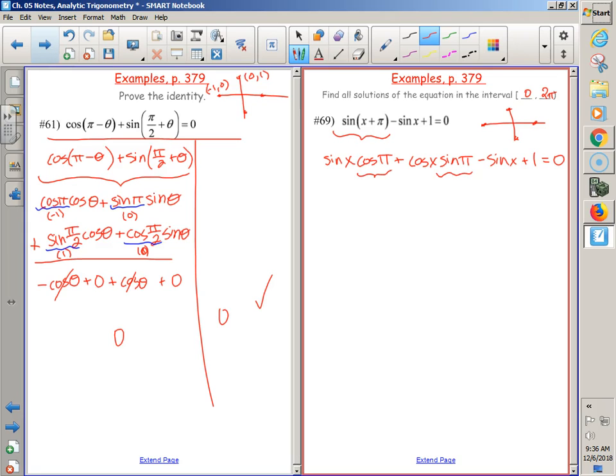This is negative 1, and the y is... times anything? Forget him. We have negative sine of x. Negative sine of x.